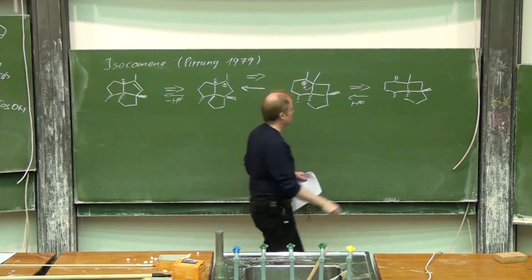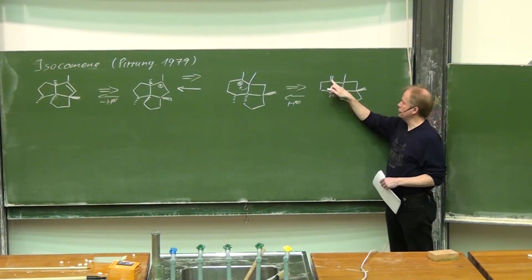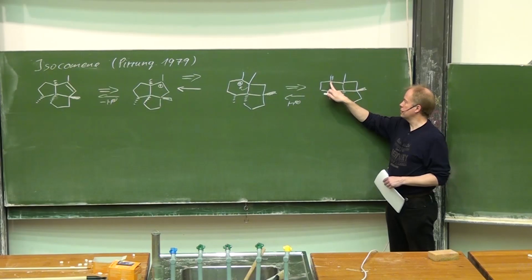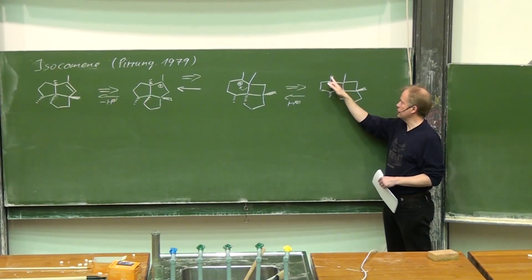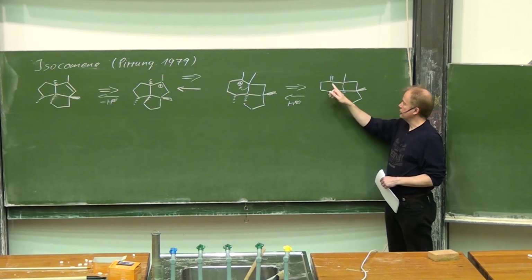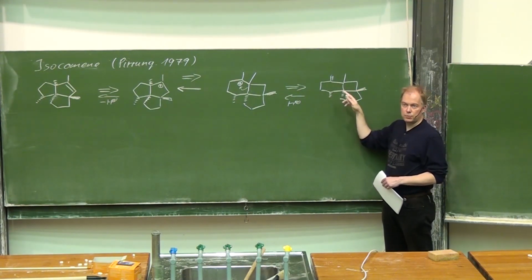So, and now one could analyze this one here. Of course, we would introduce the carbonyl group there in the next step in retrosynthetic analysis. Okay, so, cyclohexanone with an annulated 4-membered ring. How would you introduce the 4-membered ring?